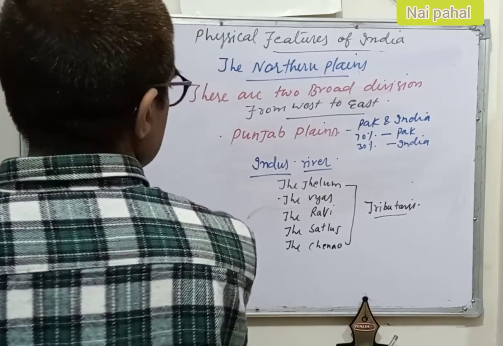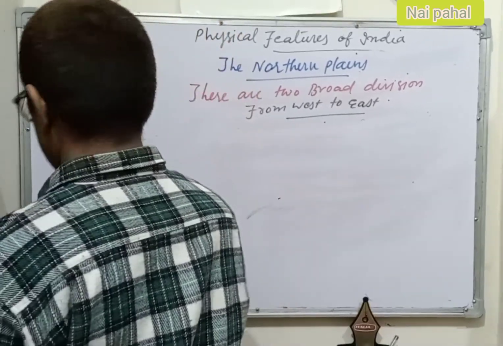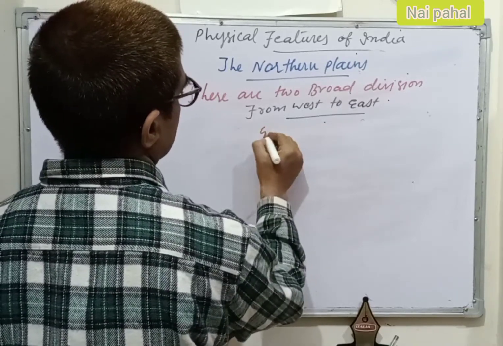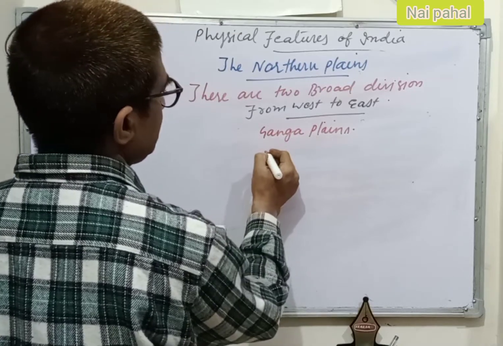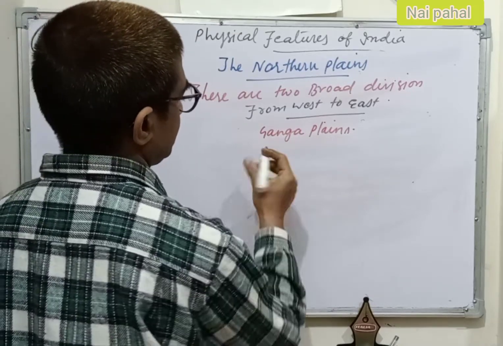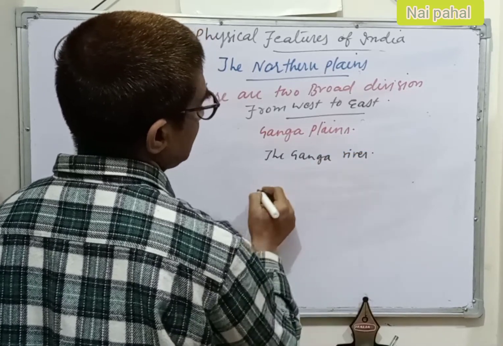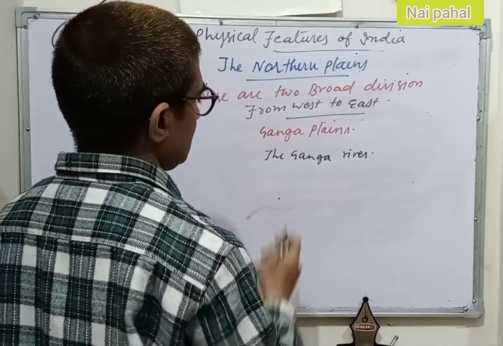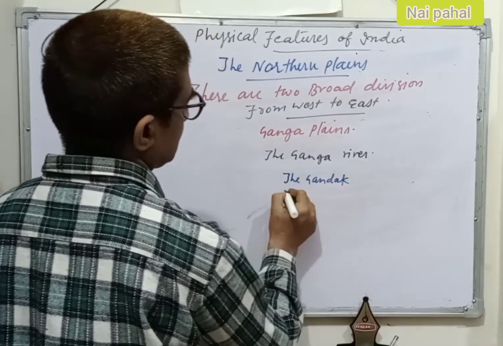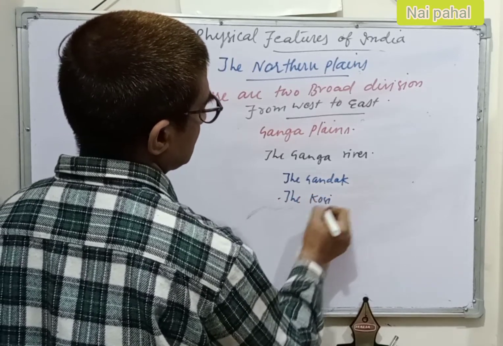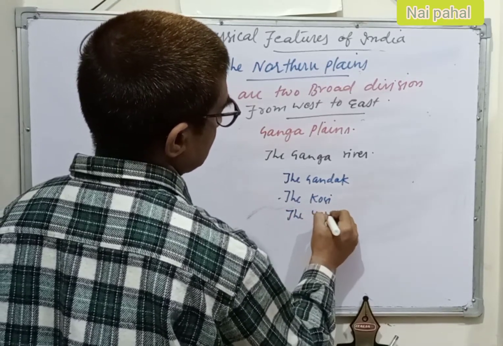Next plains is the Ganga Plains. Ganga Plains is formed by the Ganga River and its tributaries, and these tributaries are the Gandak River, the Koshi River, and the Yamuna River.